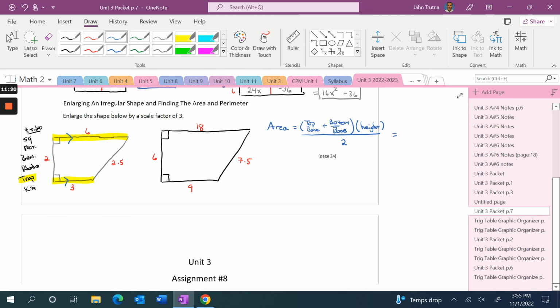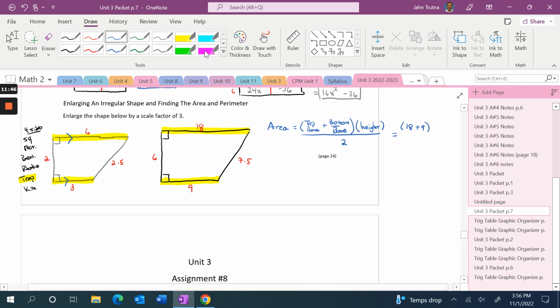Okay, so let's fill in what we know. Well, the bases in a trapezoid are the 2 parallel sides. So the top base would be 18, the bottom base would be 9. The bases, the top and the bottom, are always the parallel sides, even if the shape is rotated 90 degrees. So the top base is going to be 18. I'm going to add that with the bottom base, which is going to be 9.